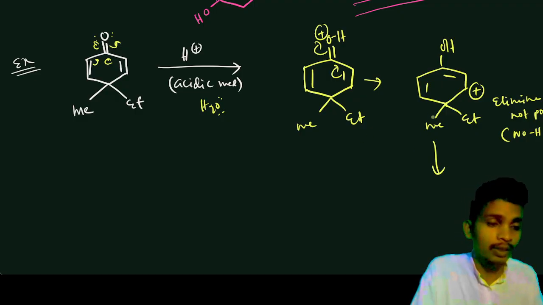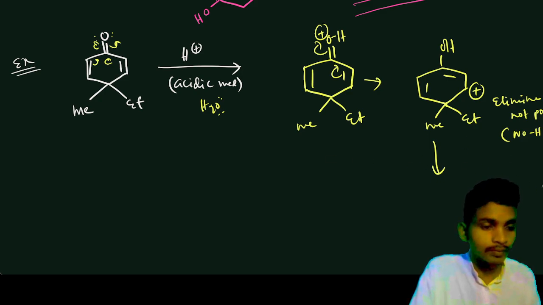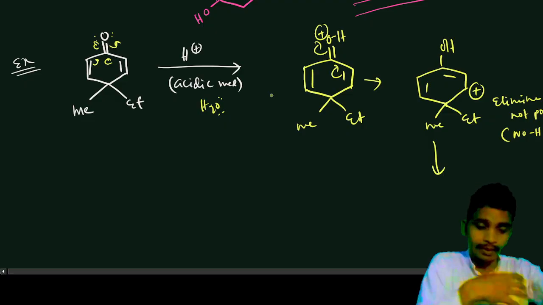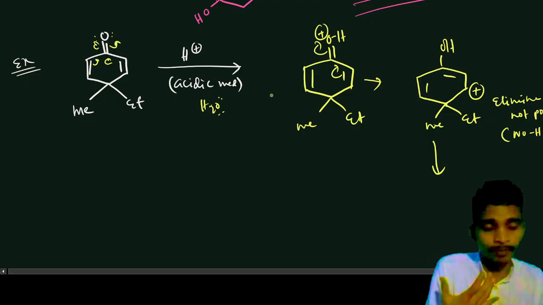Okay, what to do? Here migratory aptitude will happen. If water is there, then it will do the elimination. Or elimination can happen if you give a little heat. Or here aromatization is there, and aromatization gives a very stable product, so that will happen by itself also.